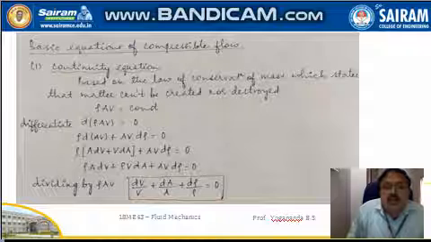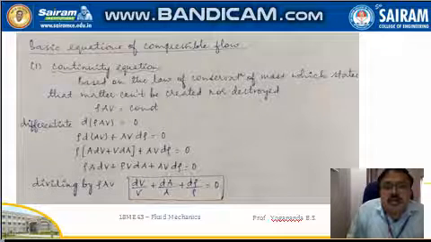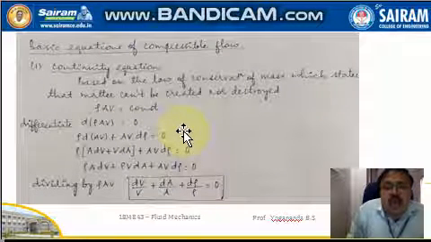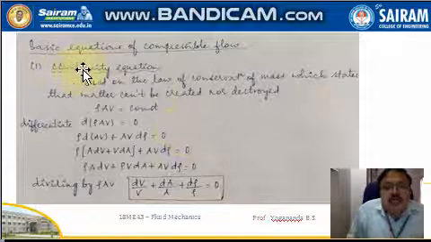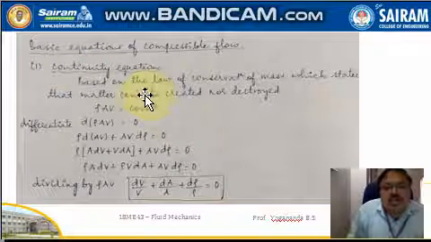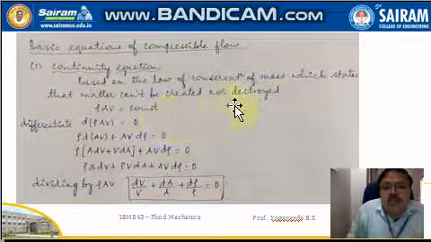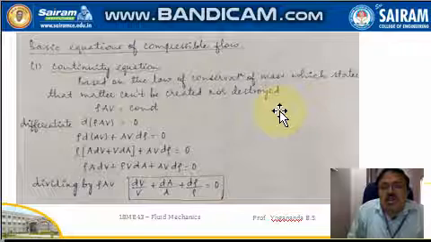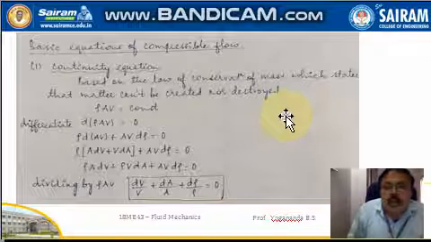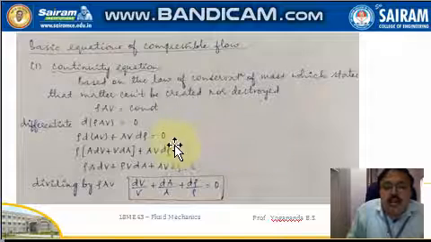Then we have the basic equations of compressible flow. First, the continuity equation, which we studied in fluid kinematics. It is based on the law of conservation of mass, which states that matter cannot be created nor destroyed.